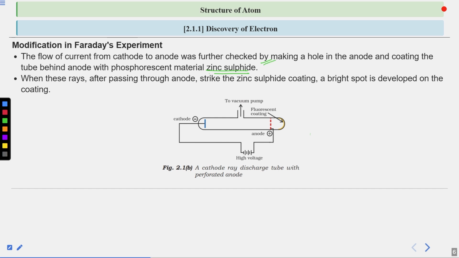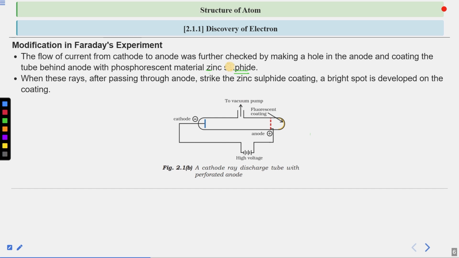As simple as that. Now, this zinc sulfide has a very unique property that as soon as something with kinetic energy strikes it, it starts to glow. The same glowing which you see on roads. You must have seen that there is a coating on the road that starts to glow in the night. Yes, similar to that.